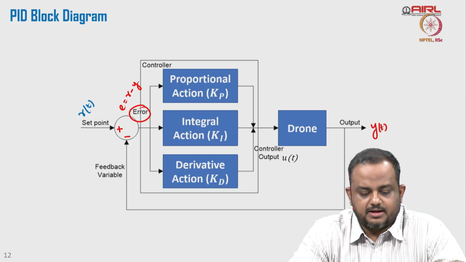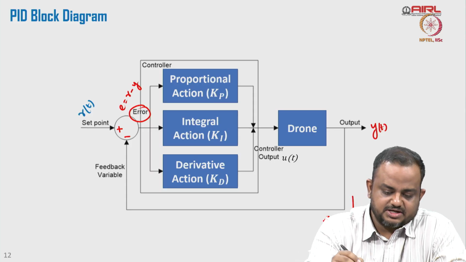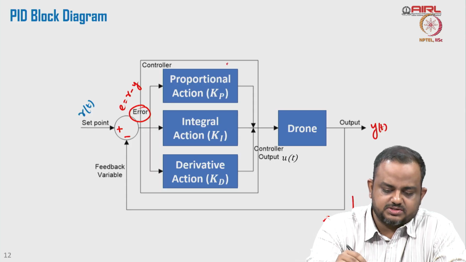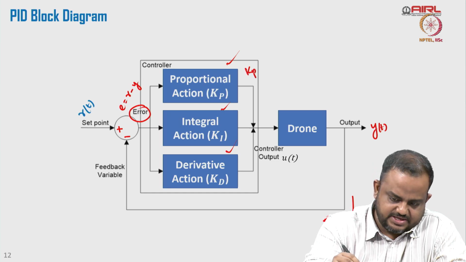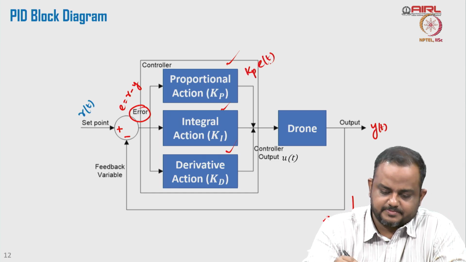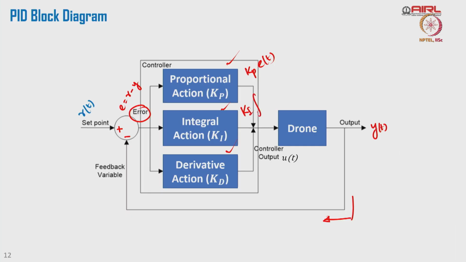Fine. Now, the error is going to all these three blocks. So, here it becomes Kp e(t), here it becomes Ki times the integration of e, and here it becomes Kd times the derivative of e, and it gets summed up here, right.